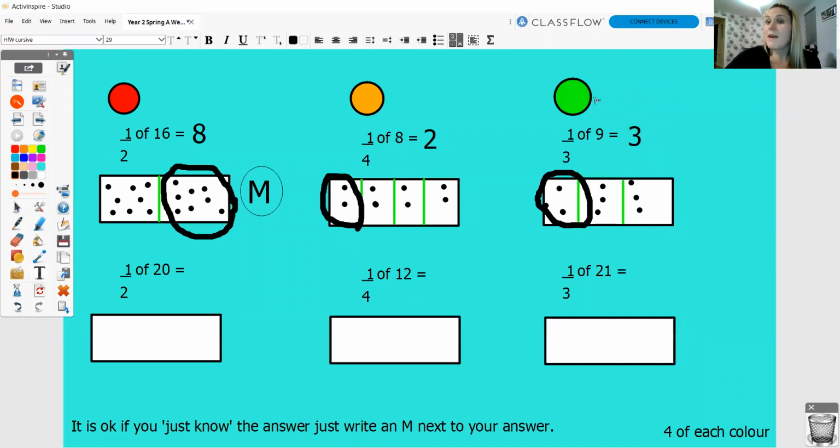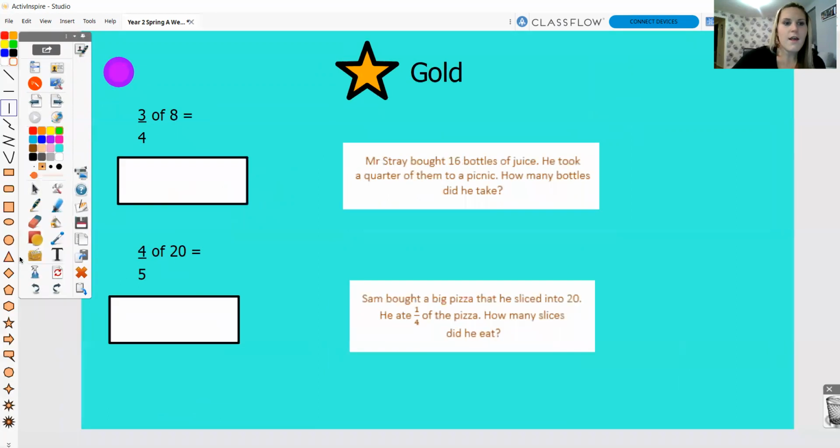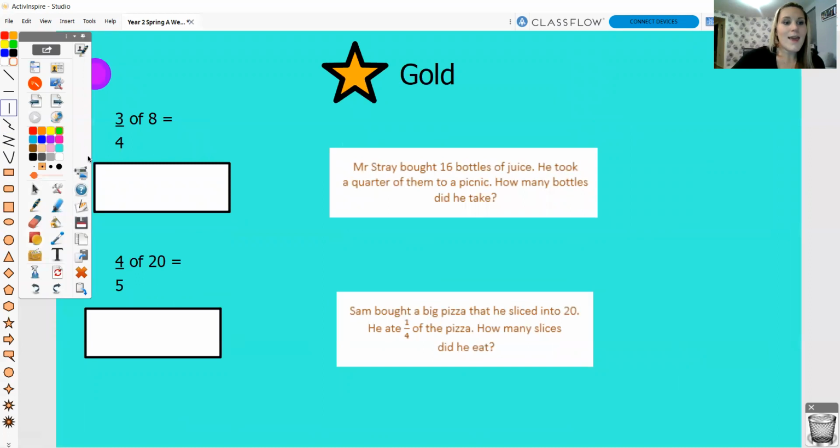Now that seems easy peasy, and I know lots of you were brilliant at fractions when we did them back in school, but if you move on to purple because you smashed red, orange and green, then you need to again share the bar equally by the denominator.